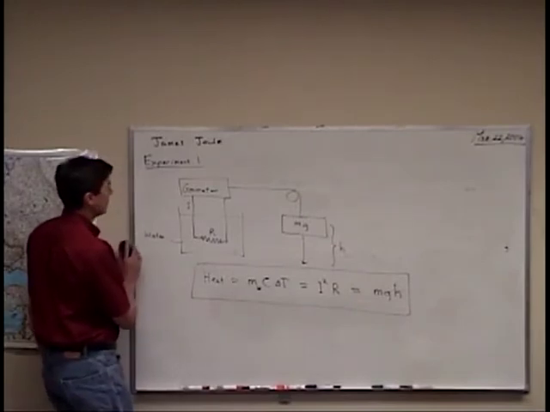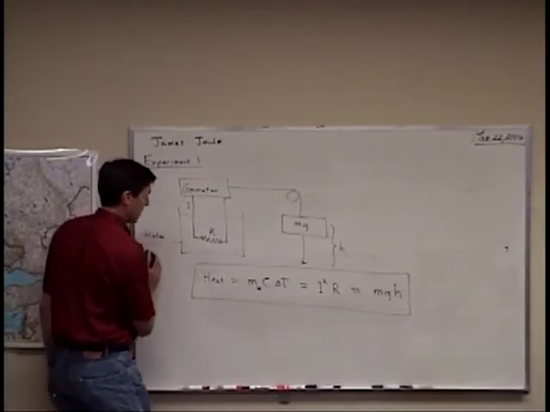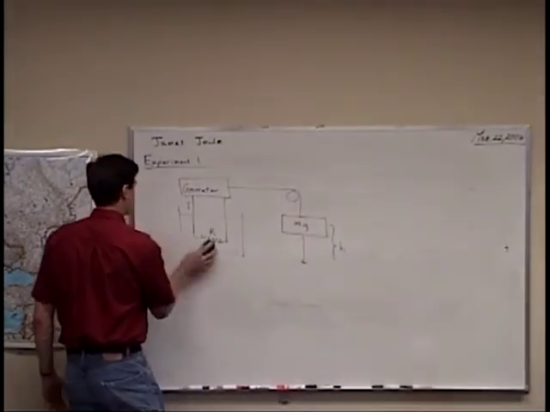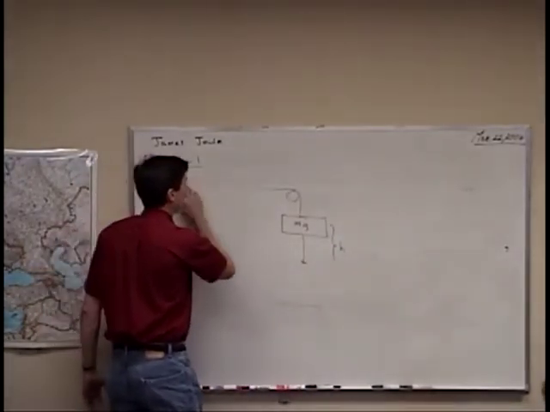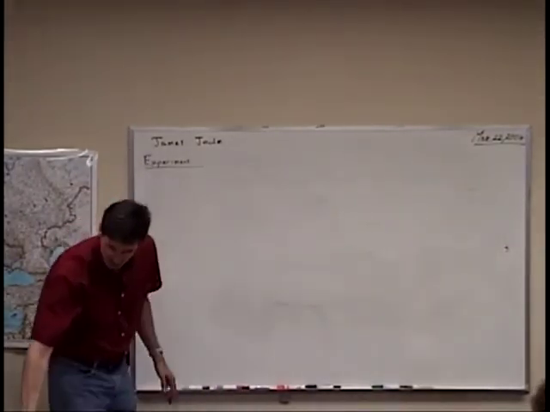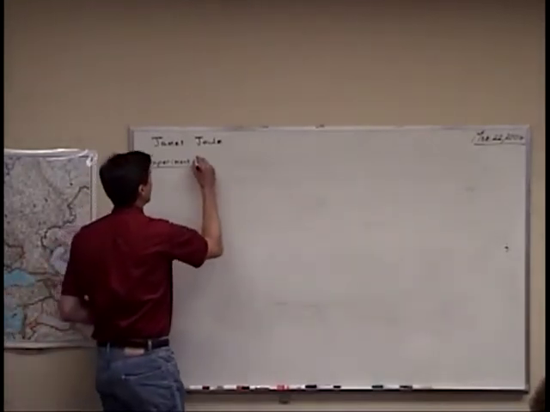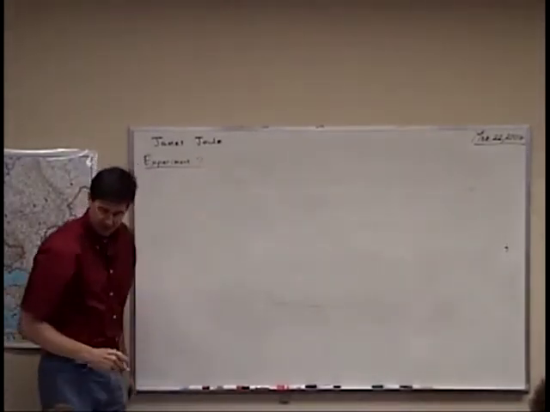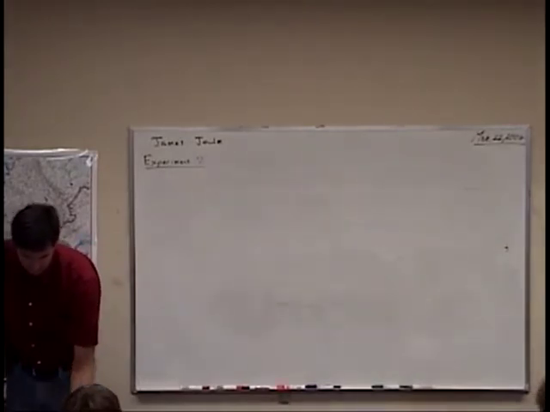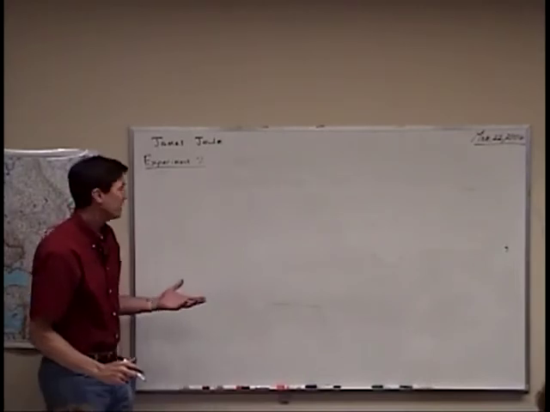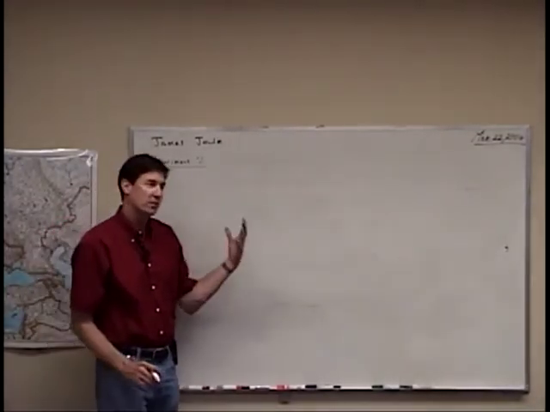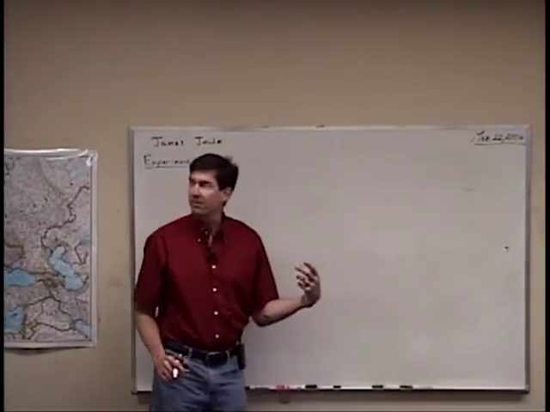So let's go on to experiment 2 now. Like I say, the basic idea here is just to eliminate that middleman of electricity and go straight from motion to heat.